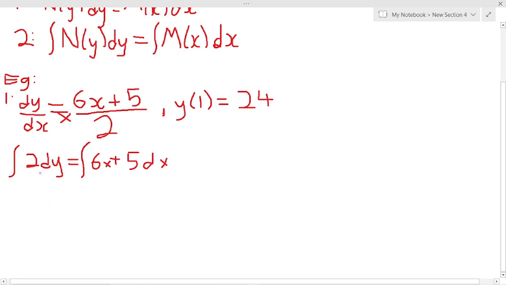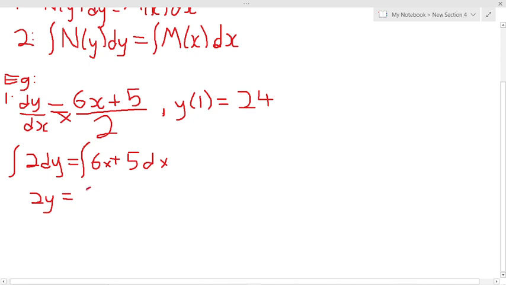So when you integrate 2 with respect to y, what do we get here? Since we are assuming that the power of y here is 0, in integration 0 plus 1 gives you 1, divided by the new power, which is 1. So we end up getting 2y equal to, now 6x, the same thing applies.